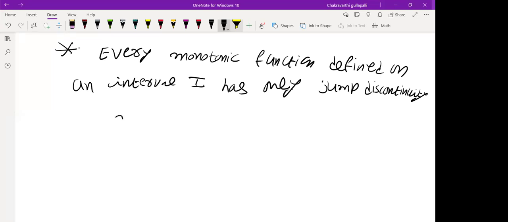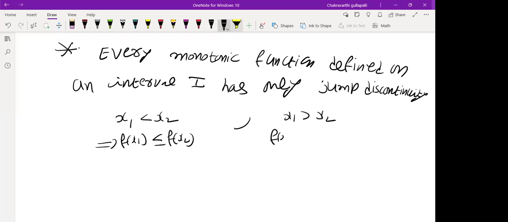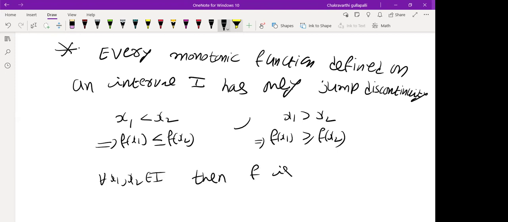And what is a monotonic function? Already sir has discussed the monotonic sequence. If x1 is less than x2 implies f of x1 is less than or equal to f of x2, and whenever x1 is greater than x2, f of x1 is greater than or equal to f of x2, for all x1, x2 in I, then f is monotonically increasing.